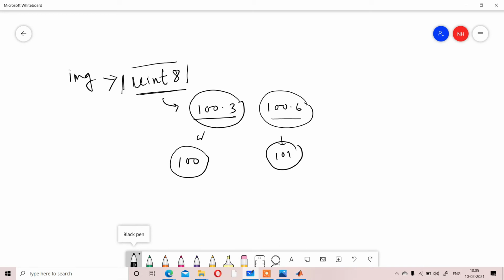So UINT8 chooses pixel values like that, so that the floating point value is rounded off. As a result, what is happening? Some error you are getting here, 0.3 of error you are getting, because error loss is happening here.